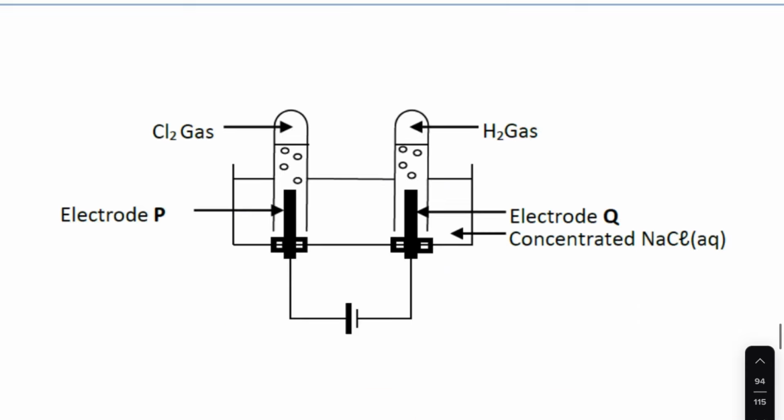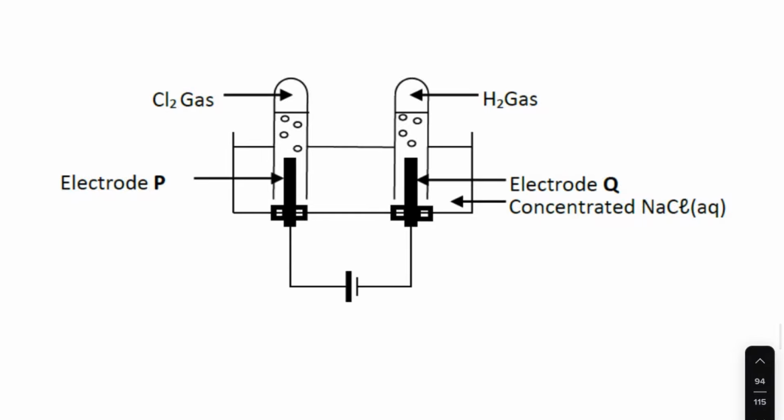The other way which they ask you this, they put it in an electrolytic cell that is like this. Do you see there's a chlorine gas, which is, this is the oxidation and this is the anode. You can see even the terminals of the battery, it's positive. It's going to be a positive electrode, which is an anode.